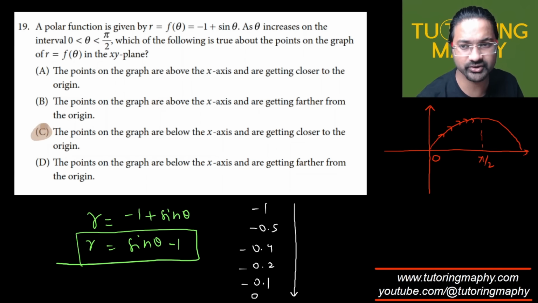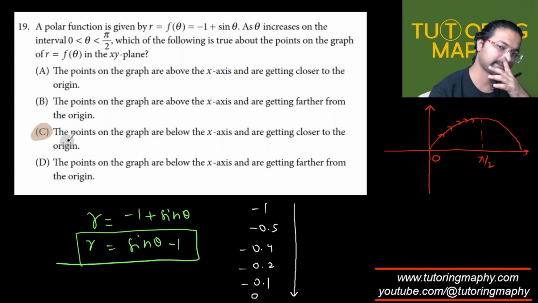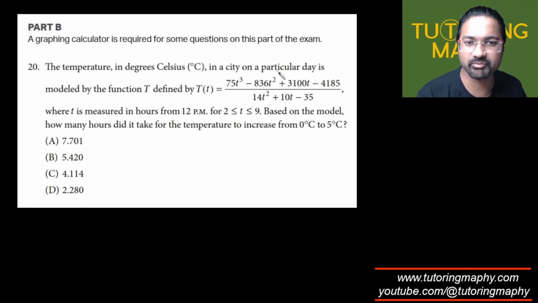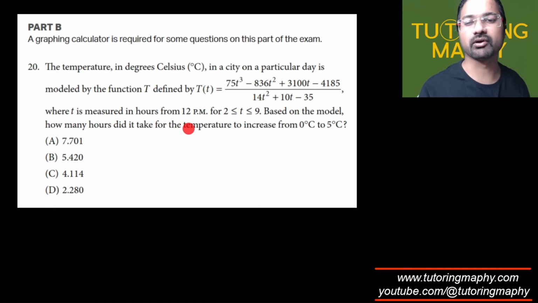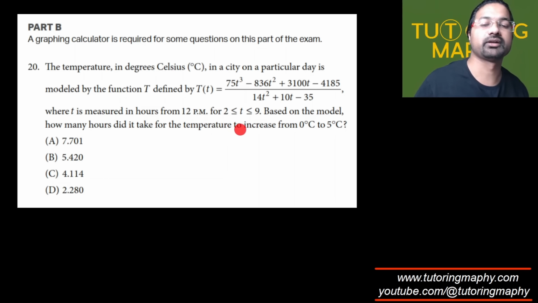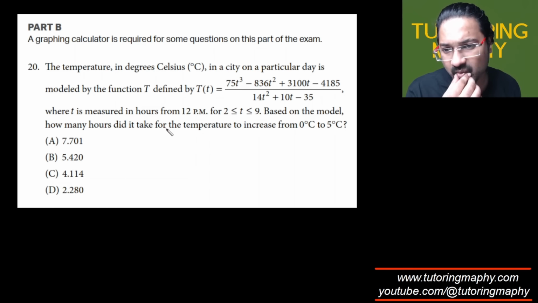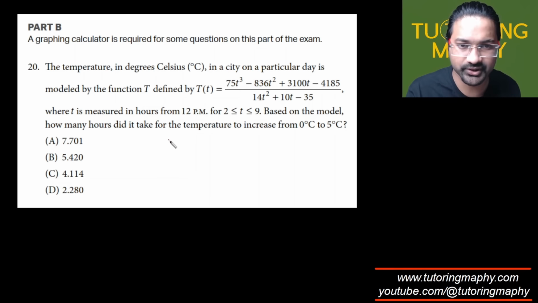This was a little bit tricky, but I hope this makes sense. Temperature in degrees Celsius in a city on a particular day is modeled by this rational function, where t is measured in number of hours from 12 p.m., where t can be from 2 to 9. Based on the model, how many hours did it take for the temperature to increase from 0 to 5?